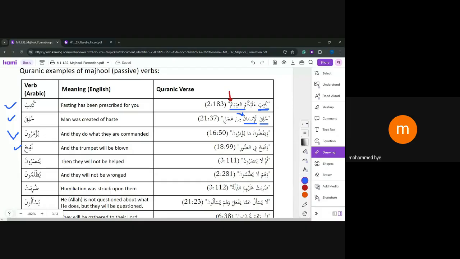But because you've got madi majhul coming here, khuliqal insanu, he's changed it. Very good. Remember that rule: kutiba siyamu or kataba siyama. Everybody got it? Mashallah.